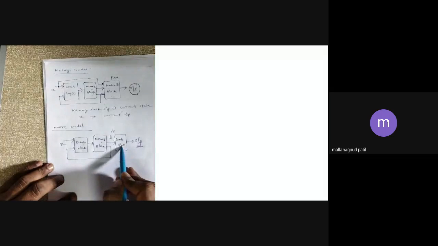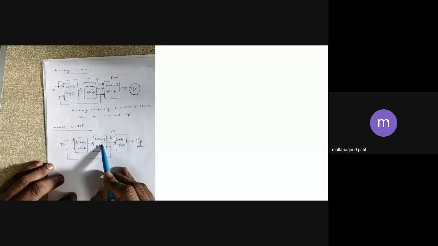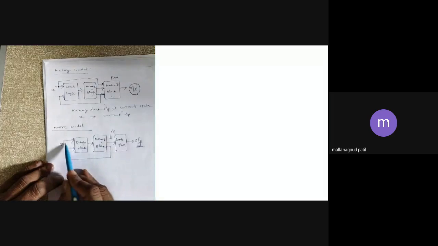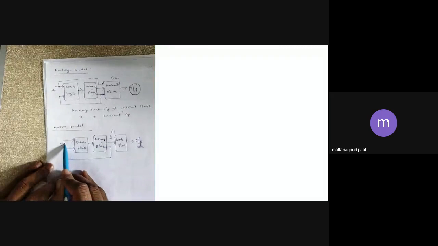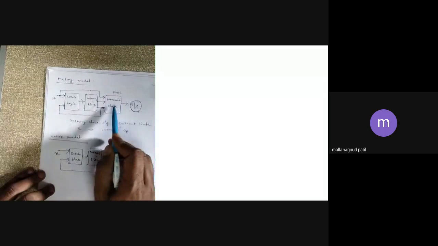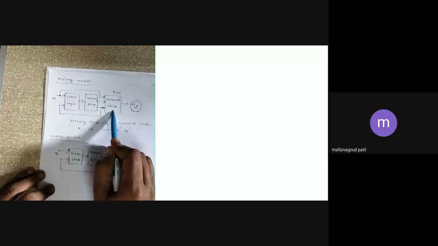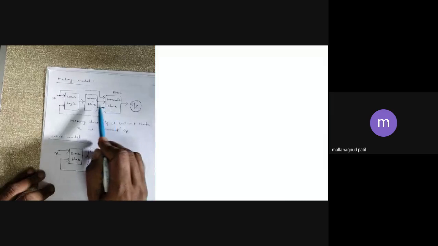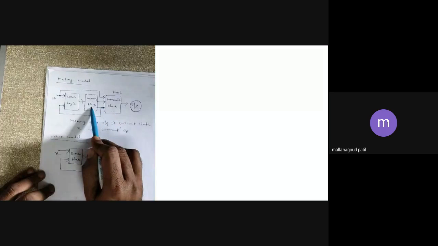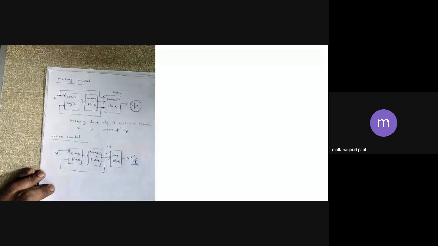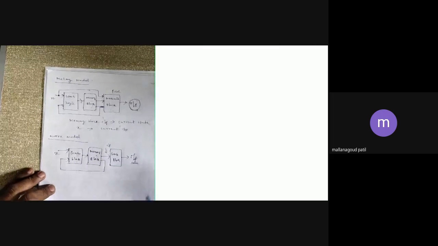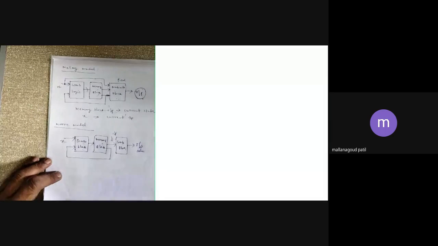But this combinational block is taking an input only from the memory block, not from the actual input X. But see in the top figure, the final block decides based on two inputs. One is the current state as well as the actual input. This is the actual difference between the Mealy model and the Moore model.